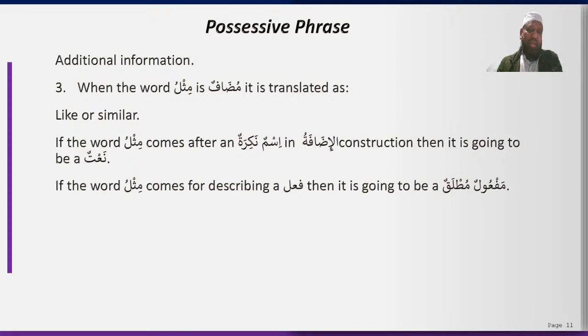So if the word after مثل is اسم نكرة in idafa construction, then it is going to be na'at. And if the word مثل comes for describing a fi'l, then it is going to be a مفعول مطلق.